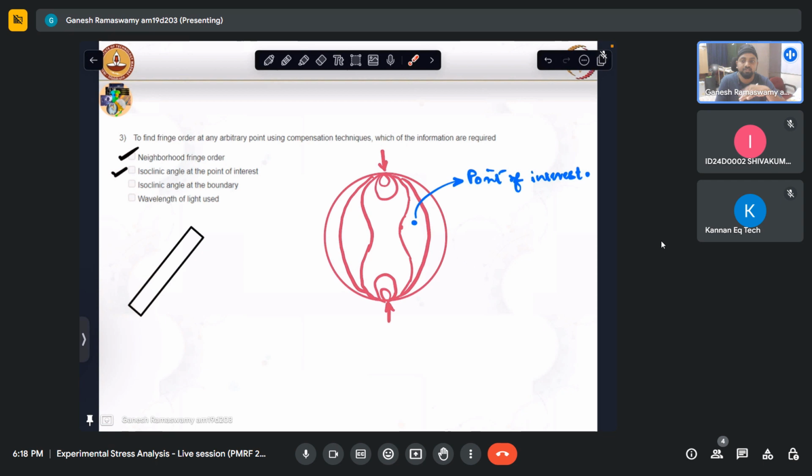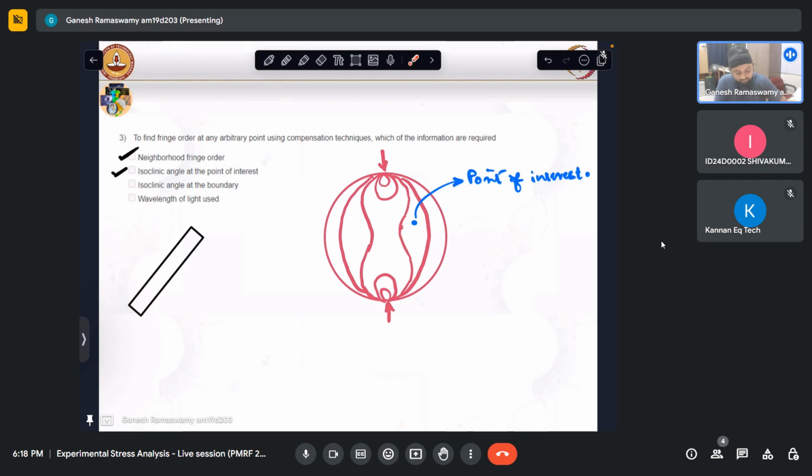Now there are newer methodologies developed to find out the fringe order over the entire domain by doing color matching, phase shifting, things like that. But in conventional photoelasticity, where it was not the digital eye, but rather the photoelastician who is doing the experiment, if they wanted to find out the fringe order at one point, it became a point by point technique.